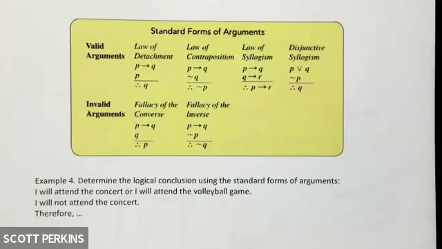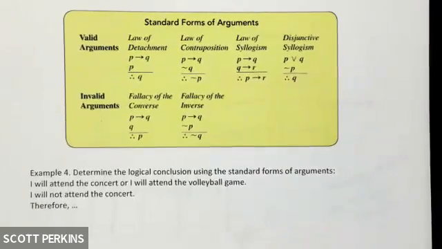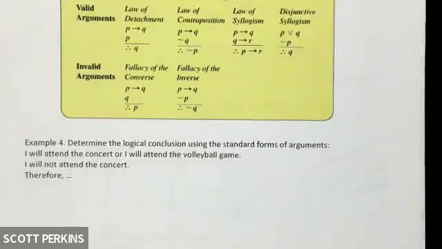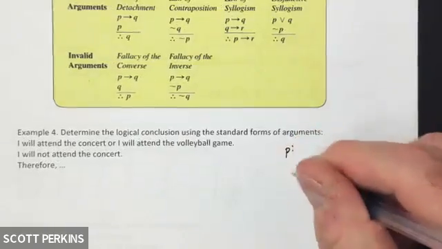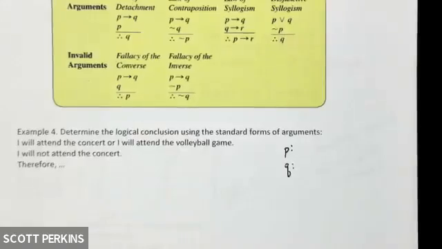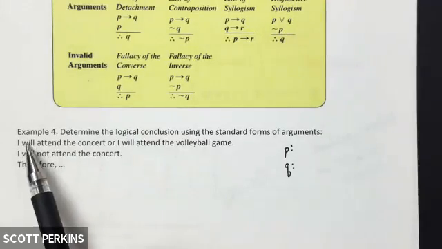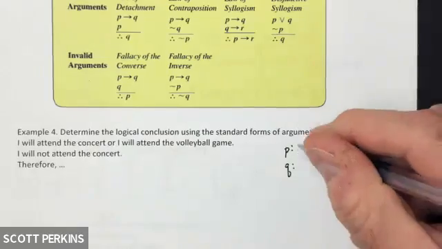Again, if you don't need to do this, if you've already filled in the blank because you can compare them, that is great. And that's where I want you to be. So I'm going to just let statements be P and Q, the normal letters we use. I'm going to let P be I will attend the concert.